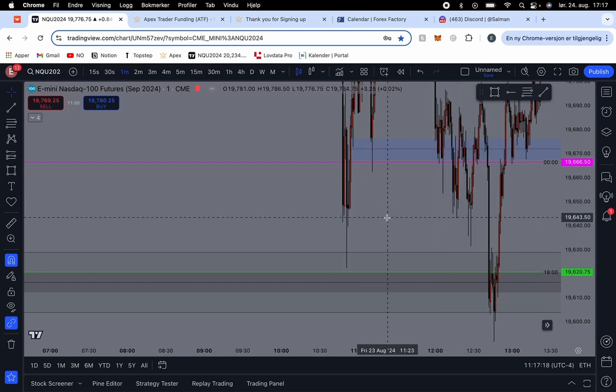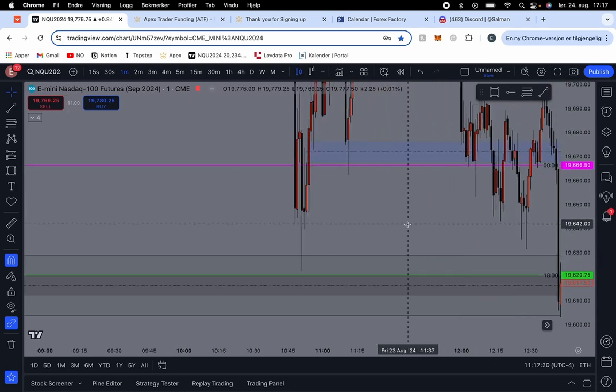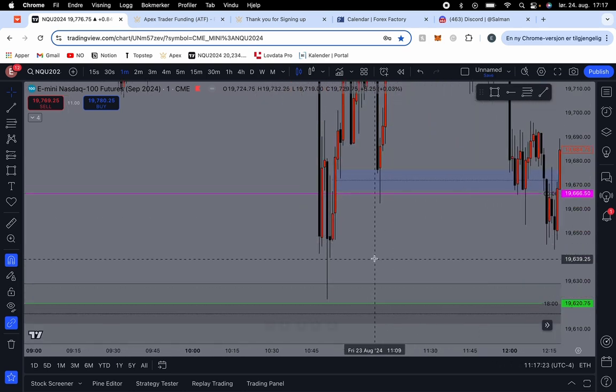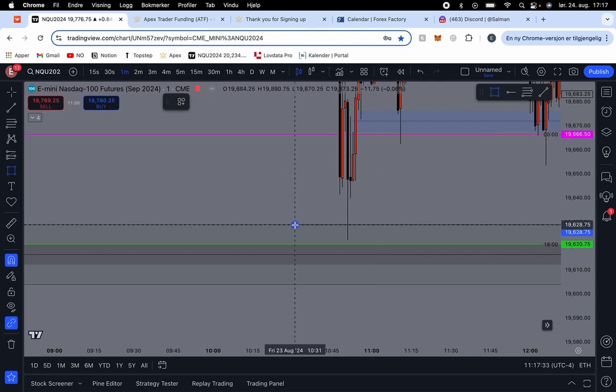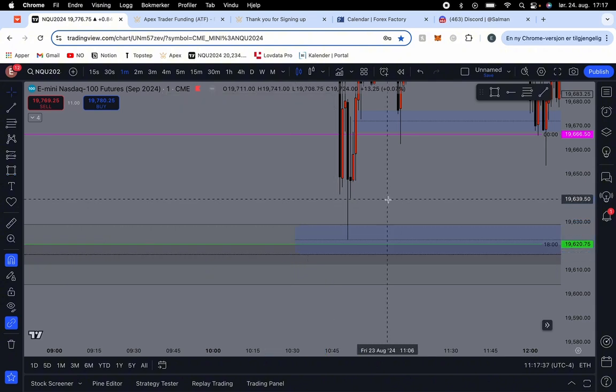However, it did not get there fully. So when you have two levels on top of each other, this is just bound to happen. It tapped into the new day opening gap. I think it tapped the 25% mark to the tick.